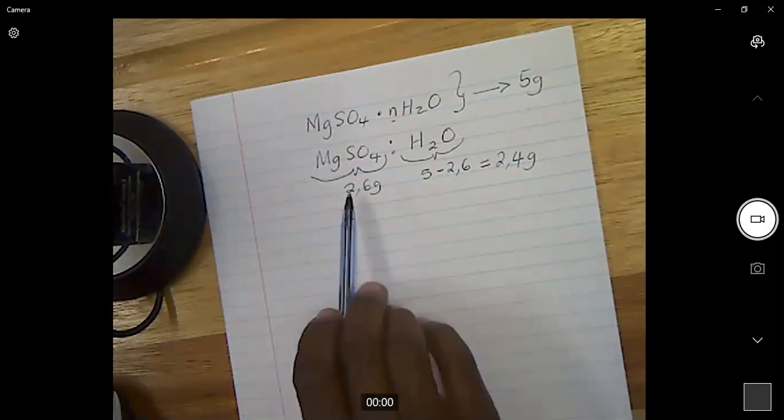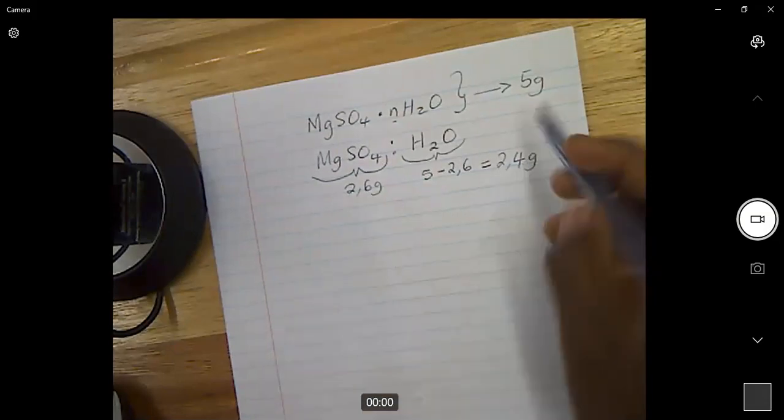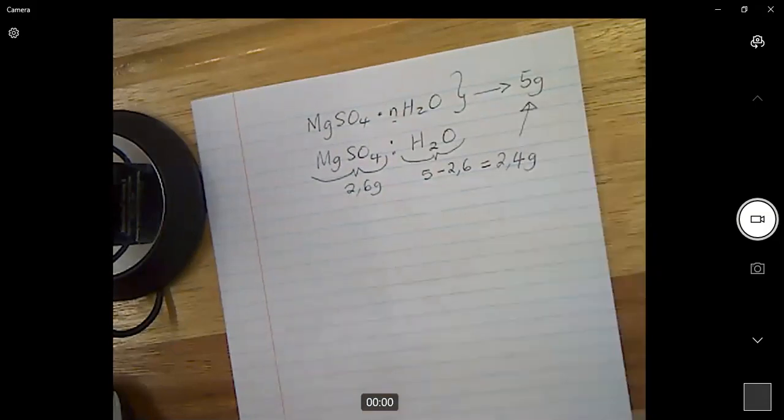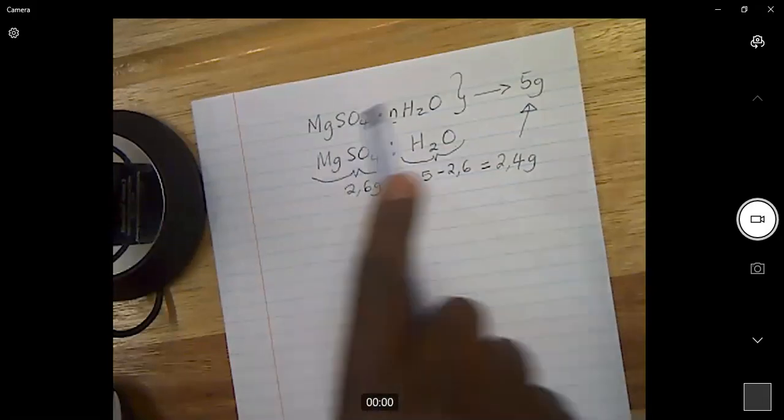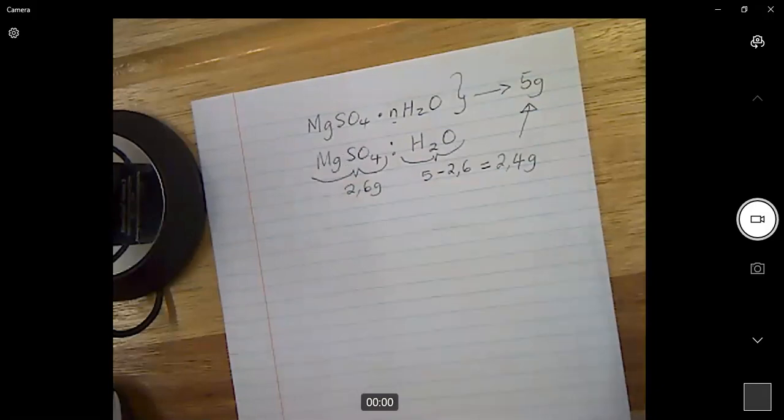So the 2.6 plus the 2.4 must give me the total, which is 5 grams. Are you following? But that final mass, what is it for? If we just take that 2.6, where are we going to put it? Because we need the mass of water and the mass of MgSO4.